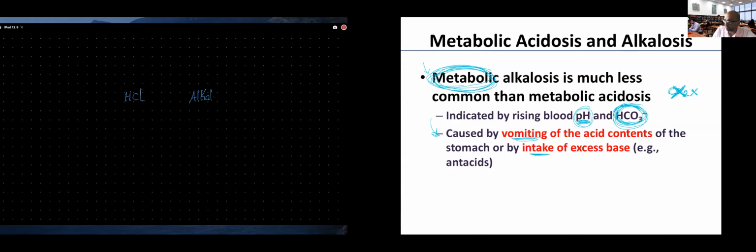Or if I have excessive intake of antacids, which are bases. So a person has, for example, a gastric ulcer, so he has pain all the time in his stomach, so he decides to ingest lots of antacids to reduce the pain. So he might be at risk of developing metabolic alkalosis.